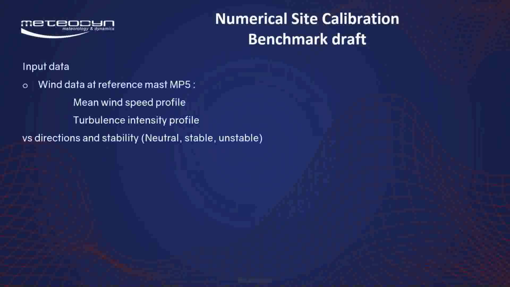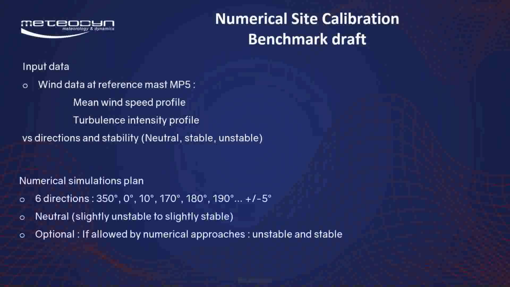So other input data can be given to the candidates. We can provide wind data at the reference mast, MP5, such as a mean wind speed profile and also turbulence intensity profile. So this data can be given for wind direction and stability.